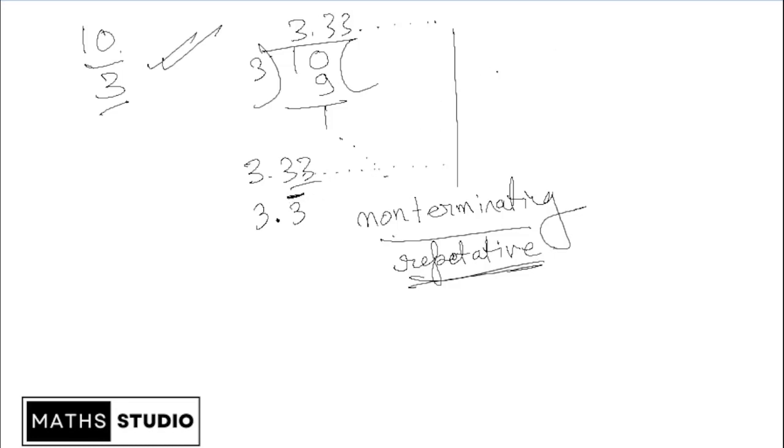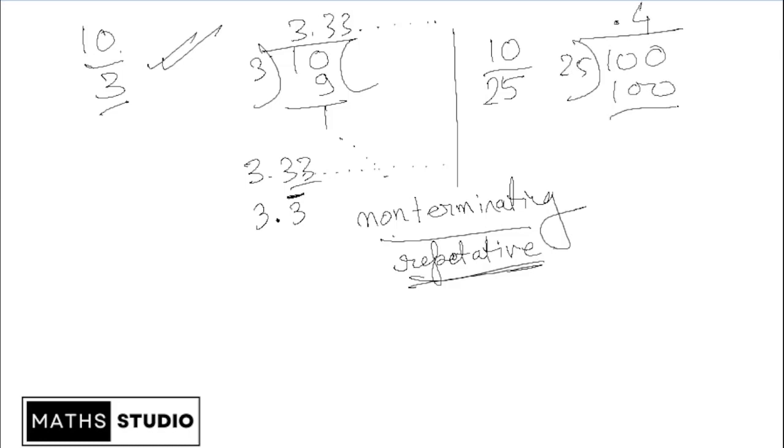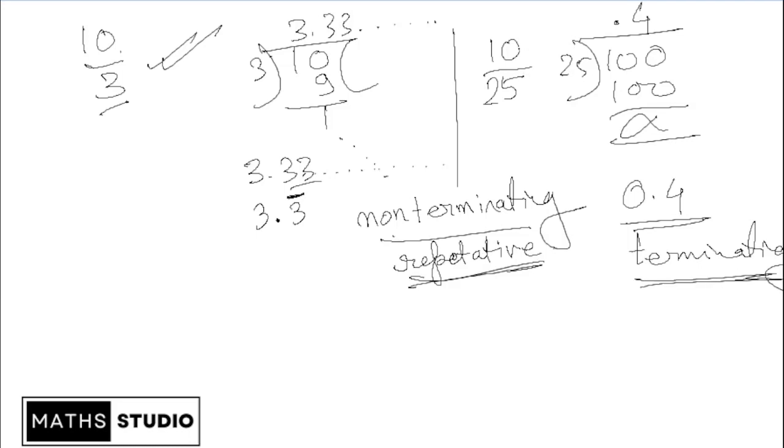Okay. Another condition is, or it's an or condition. So if I write 10 divided by 25. Okay. So in this case 0.400 and gone. So that means in this case, 0.4, it is terminating. So it also qualifies, obviously it will be co-prime in nature, so you can say it's 2 by 5.